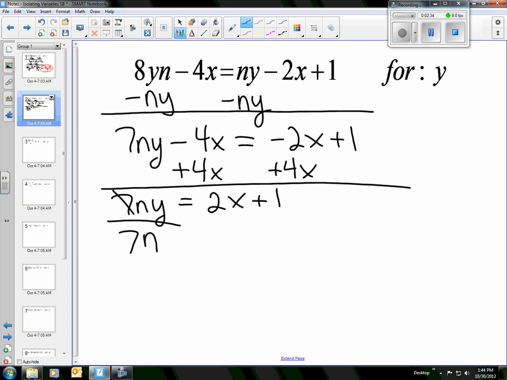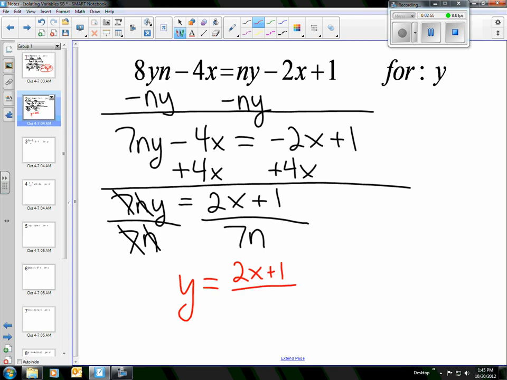So 7 divided by 7 is 1, n divided by n is 1. But I have to also do that to the right side of the equation. So here I'm going to divide everything by 7n. And that's what the big fraction bar means. It means you're dividing that whole thing on top by the 7n. So here we can say that y equals 2x plus 1 divided by 7n.